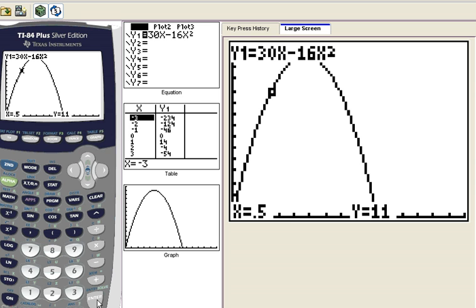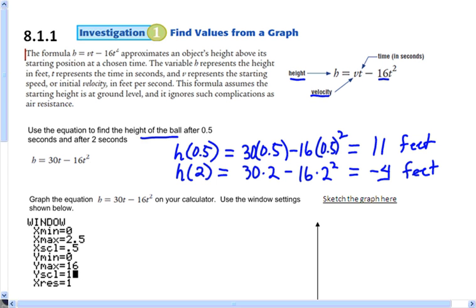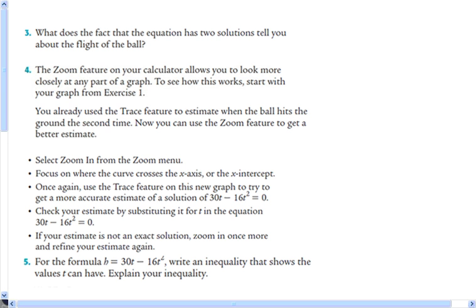After you've traced, it'll move right to that position. So we can see here at 0.5 seconds, we're at 11 feet. Okay, so that's one way you can use your calculator to solve questions about quadratic equations. I'm going to pick another problem here to do. I'm going to go to the homework, and we'll come back and do the rest of these in class.